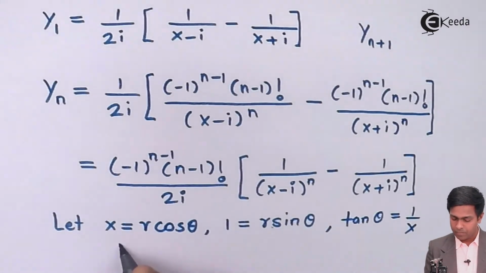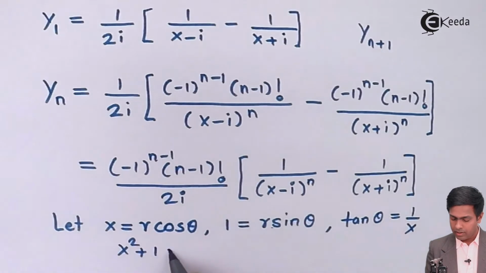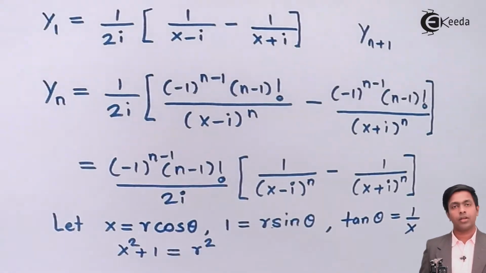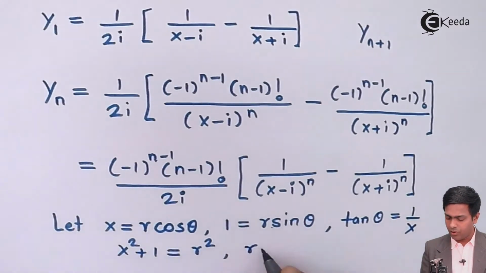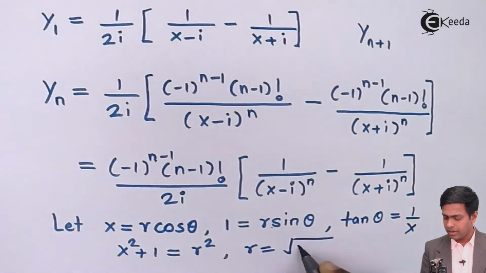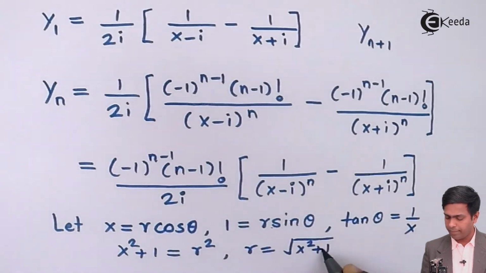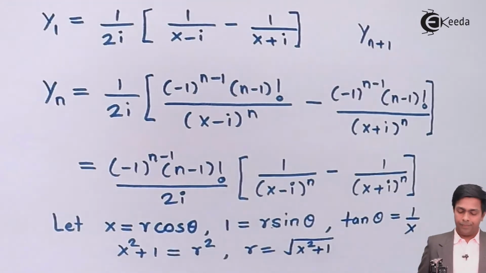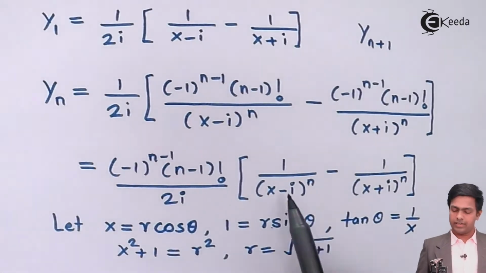So here I'll say x square plus 1 is equal to r square, or we can say that the value of r is under root x square plus 1. Now let's put all these values in this term. So first of all, I'll evaluate the first term.